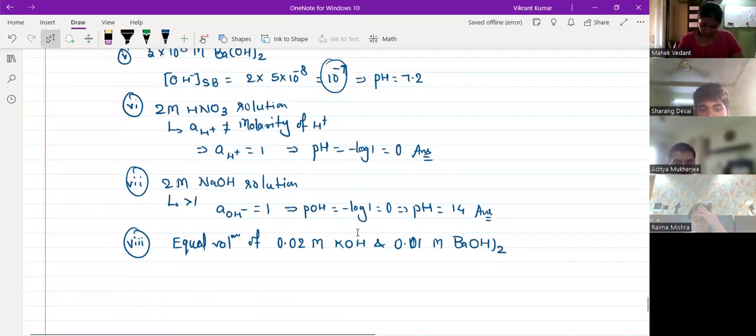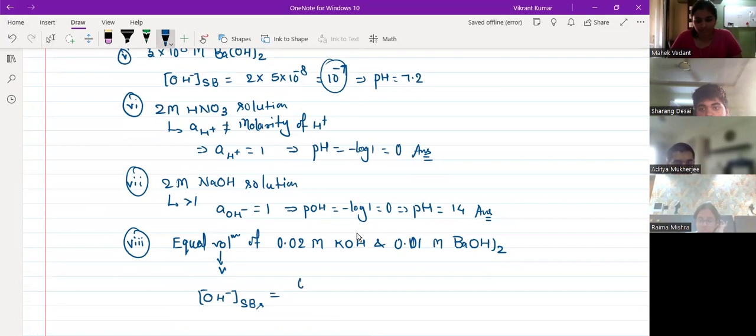What we are going to do in these cases, suppose these equal volumes are V. So we will calculate the OH minus from strong bases. From the first solution, molarity is 0.02 for the KOH and volume is V, and each KOH is going to give you 1 OH minus.